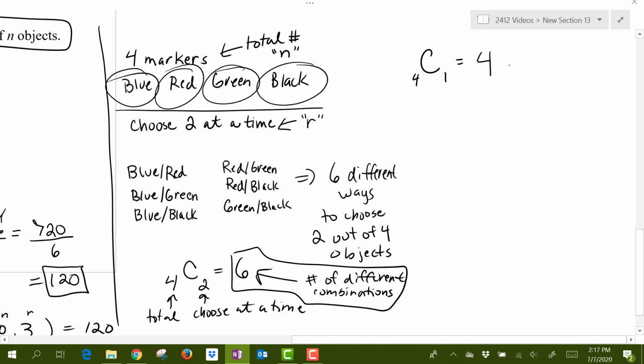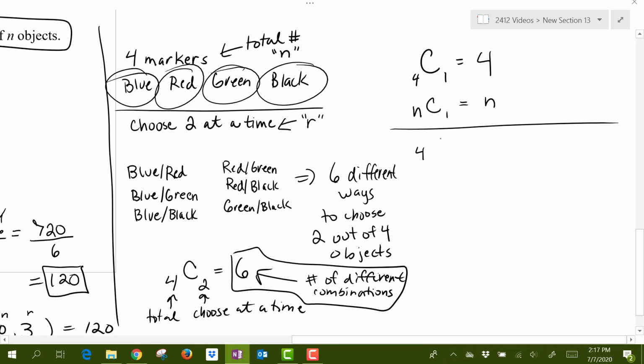So that would be 4 different ways. So it turns out, as we go through this in the next video, that if you have N choose 1, the answer will always be N. So if you're only choosing 1, the answer would always be N. Okay, so that's something we can kind of recognize and tuck in the back of our hat. Of course, we can always use a calculator for these, but it's kind of nice to know why the answer is what it is. Okay.